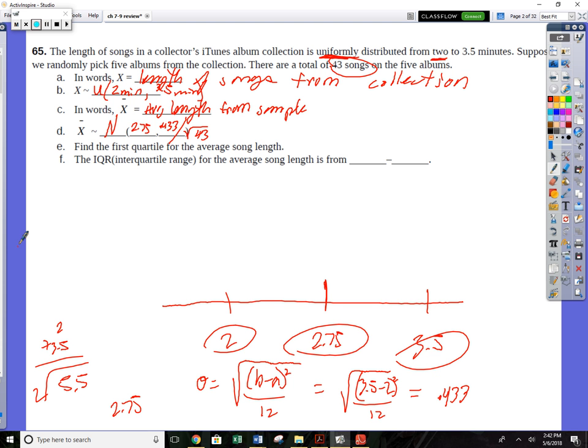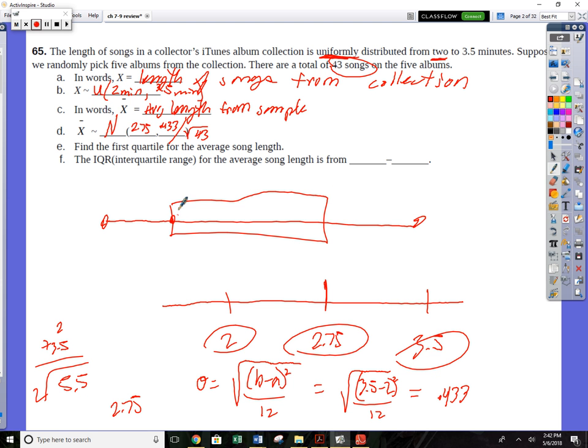Okay, E, find the first quartile. This question is awesome because it reviews kind of everything we've learned up to this point. For the first quartile, you've got to remember your box and whiskers. This is the max, this is the min, then you've got your box.